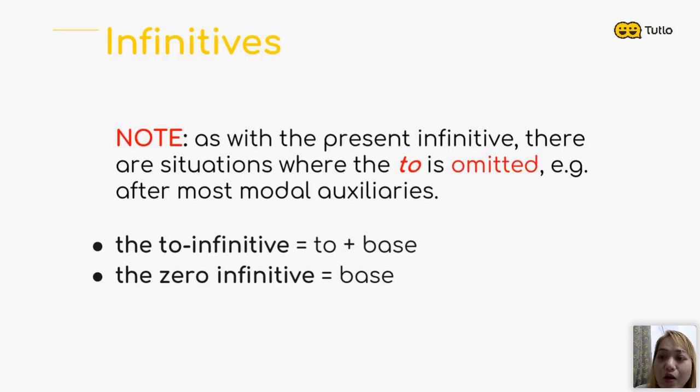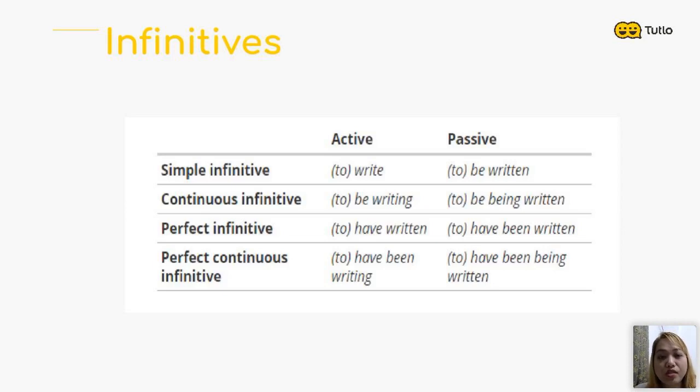Okay, nice. Let's move on. Since we talk about other forms of infinitive, like simple infinitive, continuous infinitive, perfect infinitive, and perfect continuous infinitive, we are going to talk about that today.